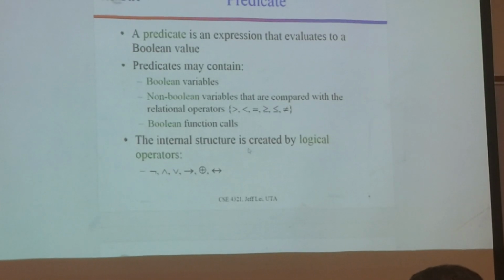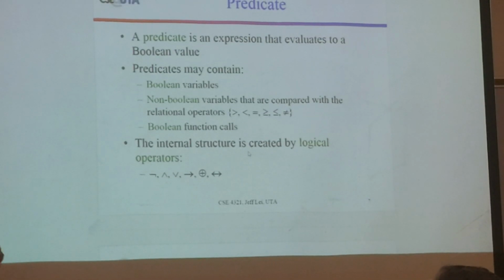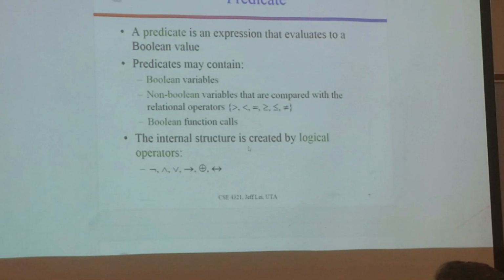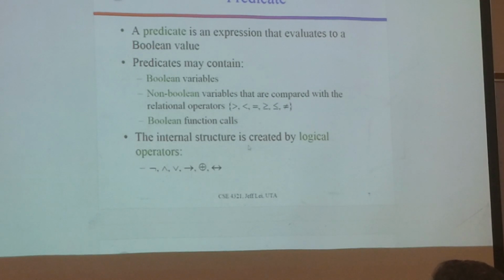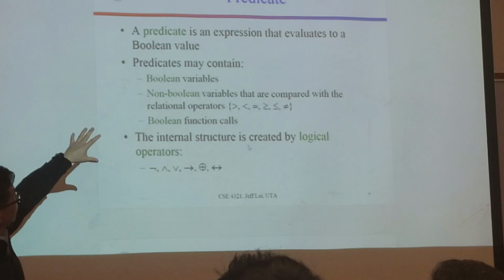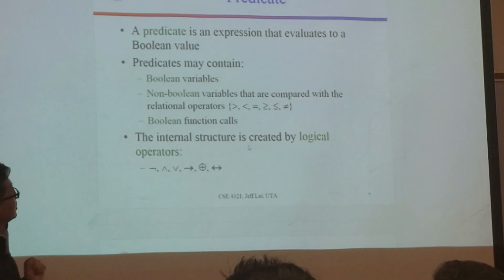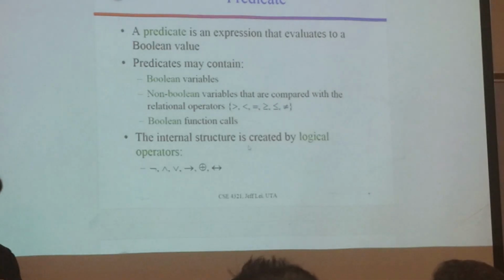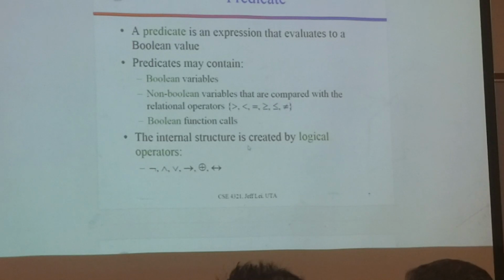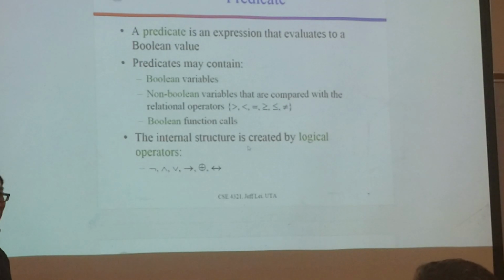Next, we're going to look at some basic concepts. We have discussed the definition of predicate. To be more technical, the predicate may contain Boolean variables and also non-Boolean variables, but you have to somehow convert non-Boolean variables into Boolean values.